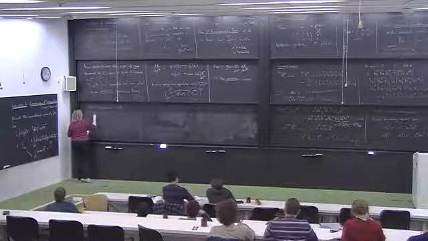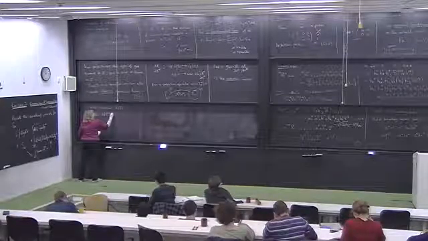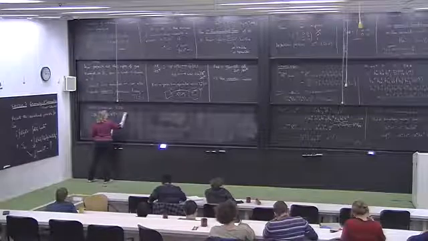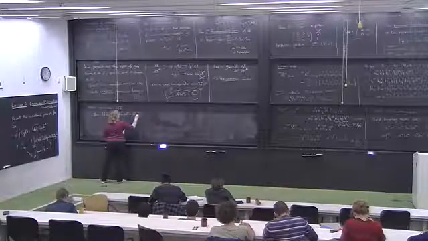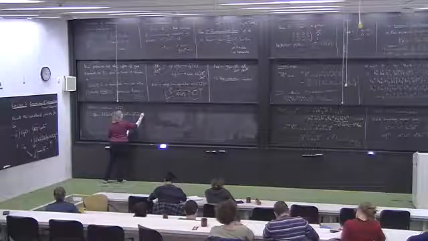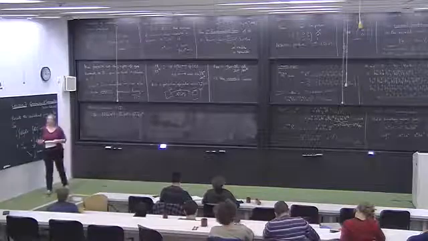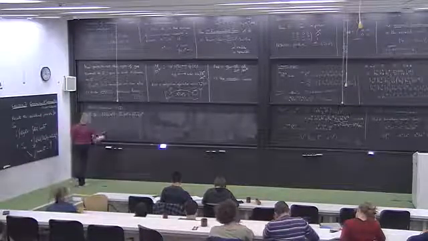So delta K is delta of the divergence of n, which has two pieces. It depends on the variation of the normal, and it depends on the variation of the connection.